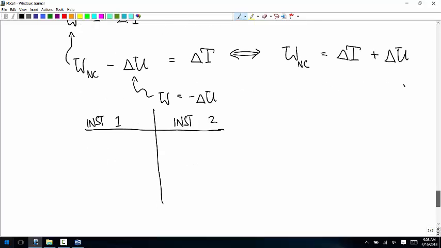Okay, so what's at instant 1, what's the gravitational potential energy? Zero, yep. So we still have our height equals 0 on the flat. What's the kinetic energy?